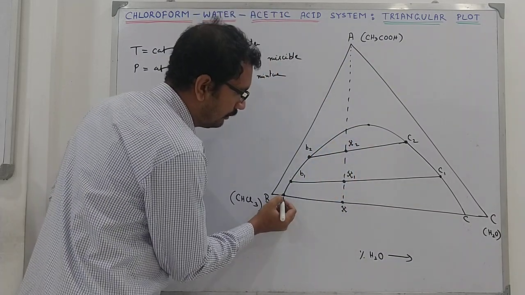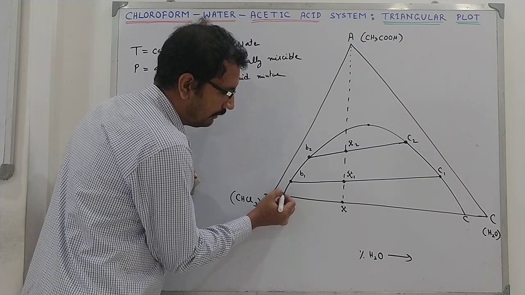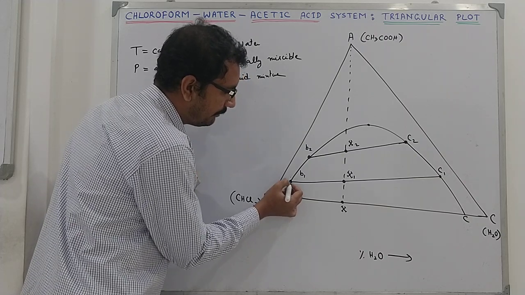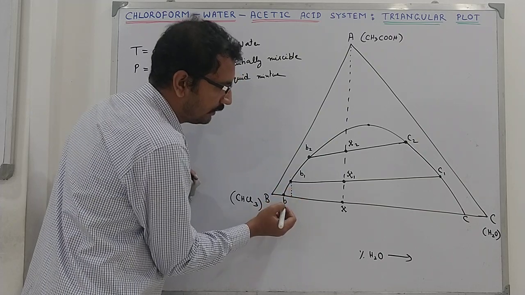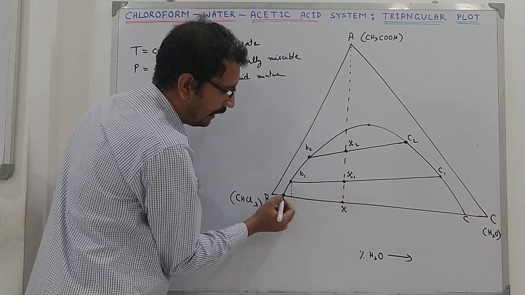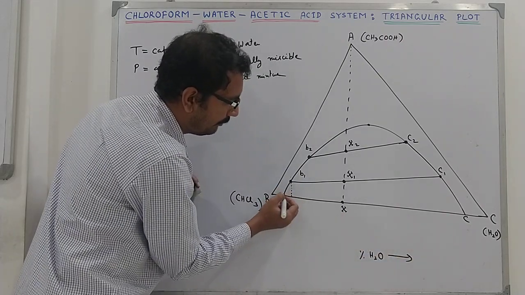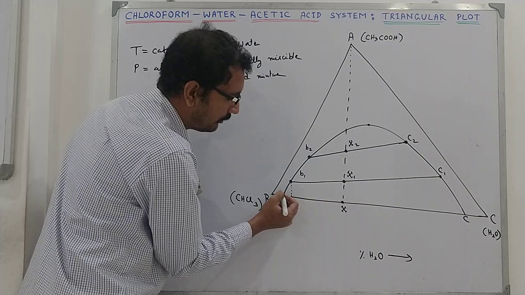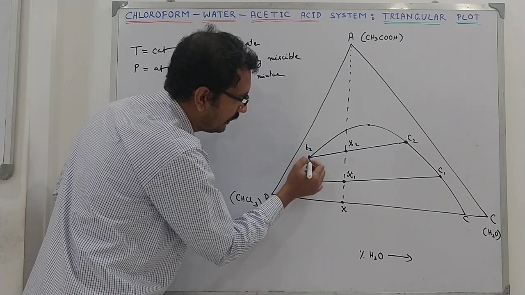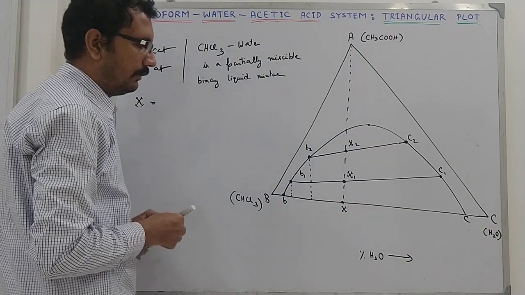So you see, the percentage of water is this, chloroform is maximum, and with addition of A, you get a greater percentage of water. The percentage of water is increasing in this direction, and you get the point in the rightward direction. So the percentage of water is increasing, and with further addition, again the percentage of water is increasing.